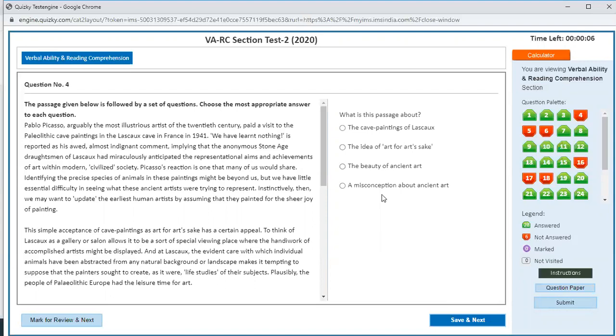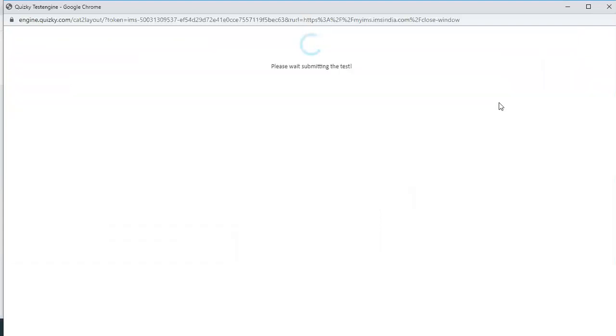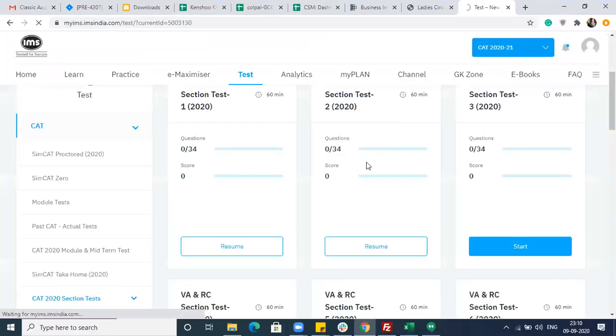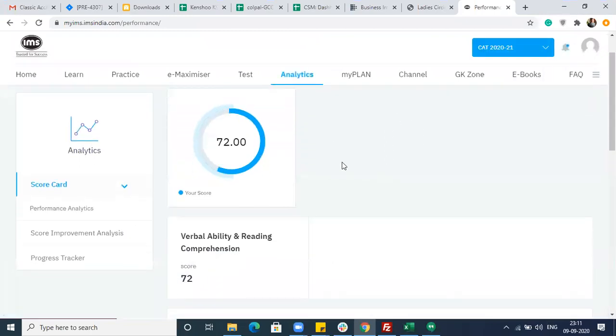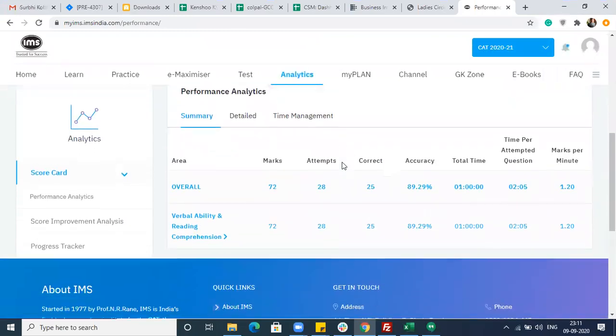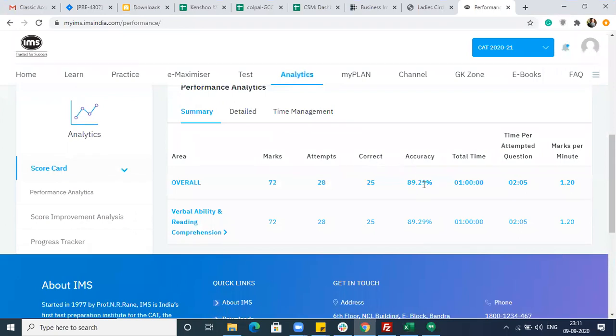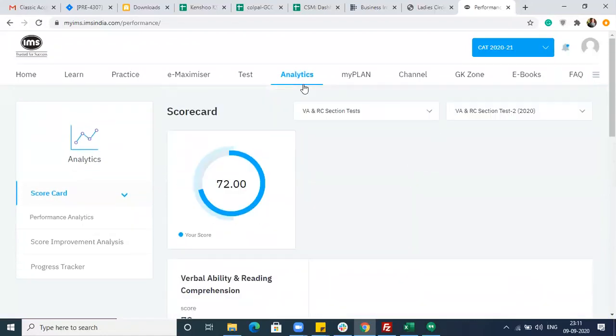What's the passage about? We can't do that. Okay. In a hurry I marked question number 3, and it felt right. Let's see. There we go. 72 is my score. Accuracy, shit. 90%. Attempts 28, wrong 3. I hope the last one that I marked was not wrong.